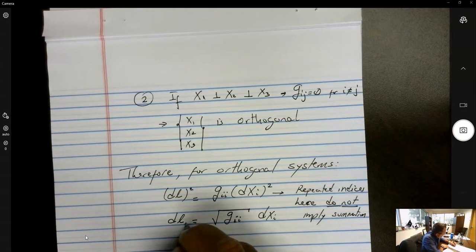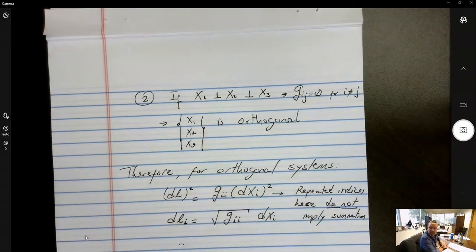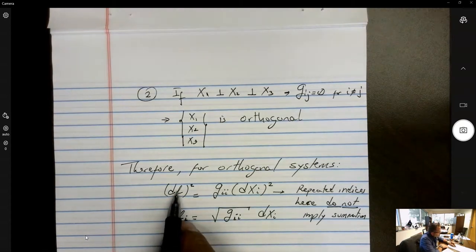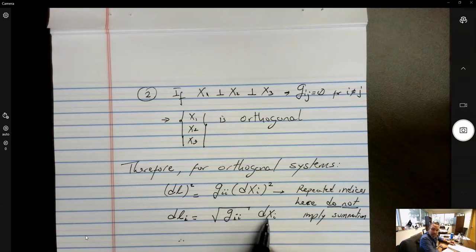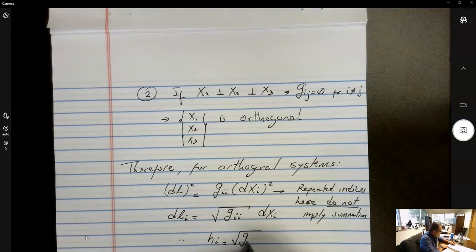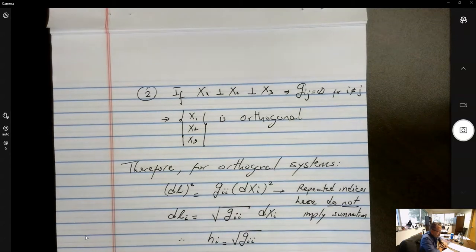The ith component of this differential arc length will be the square root of Gii times the differential of the ith coordinate, where the square root is called hi. So hi is the square root of the ith diagonal term, and we call this one the scale factor.